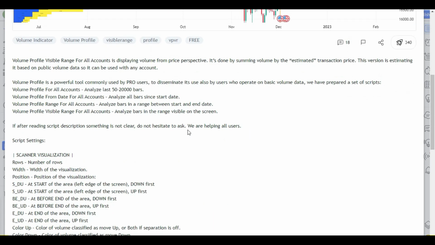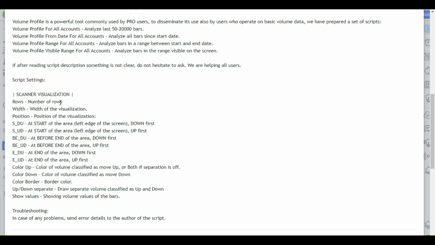But what I wanted to show is that here you can read everything important about this script. Of course, you have a link just below this video to my website where I describe all this video and everything about it. Nevertheless, here you can read about the script, how to adjust it, how to use the scanner visualization, how to pick the side of the volume profile we want, left or right, and the color up, color down, color border, anything that you need.